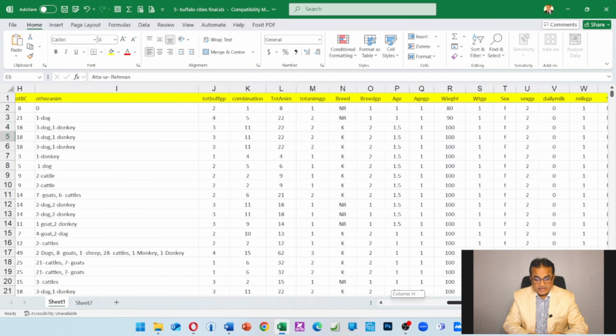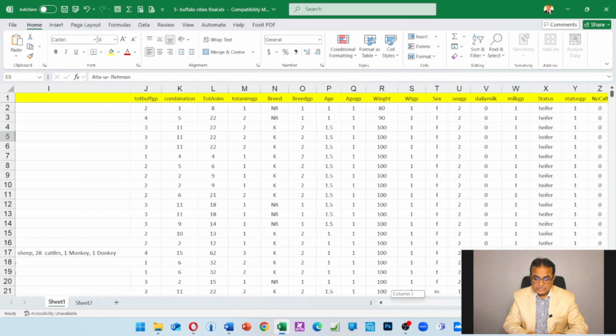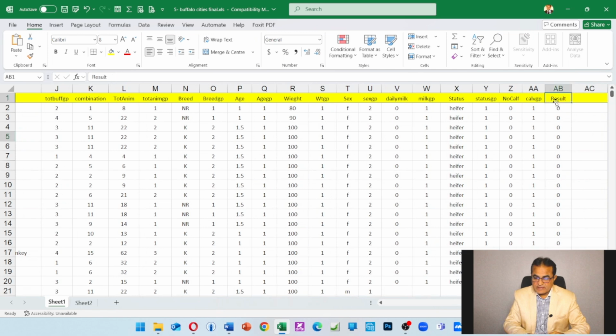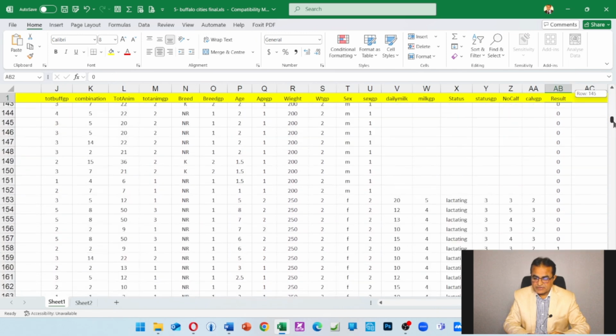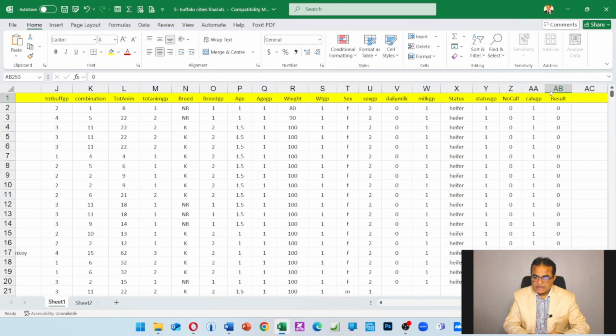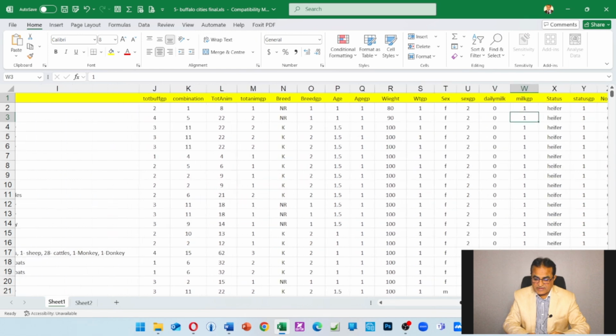A survey was conducted in 2 cities by using a diagnostic test, and here are the results of the test: 0 mean negative and 1 mean positive. So 1 mean positive and 0 mean negative. So the diagnostic test was applied on the buffaloes, and the disease was diagnosed.